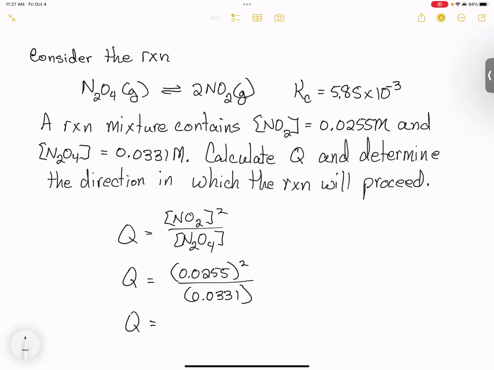And therefore we get a Q of 0.0196, or in other words, 1.96 times 10 to the minus 2.